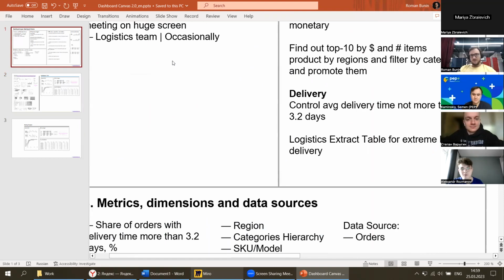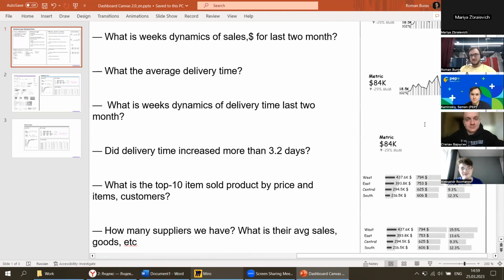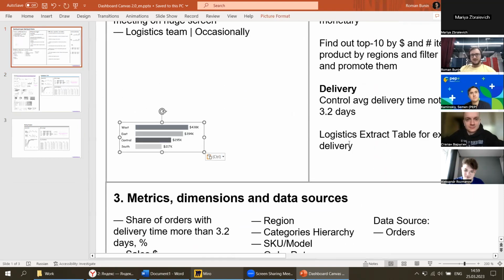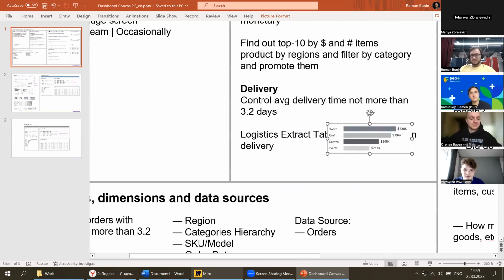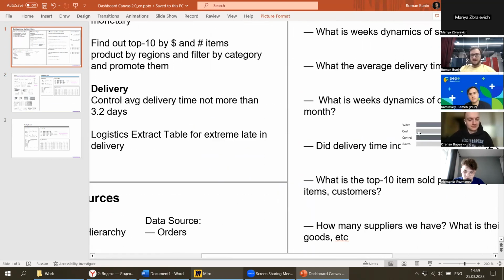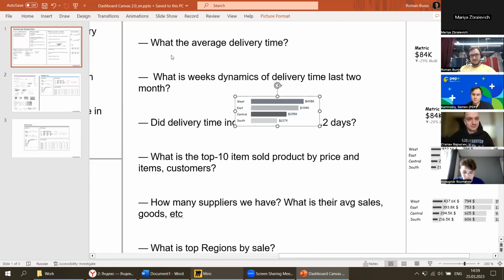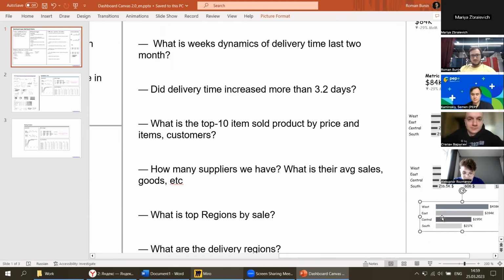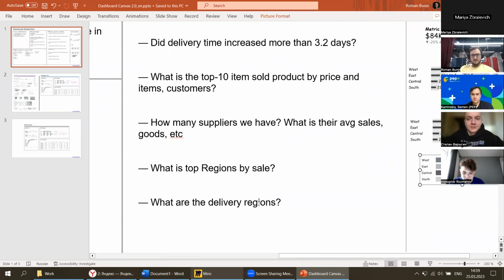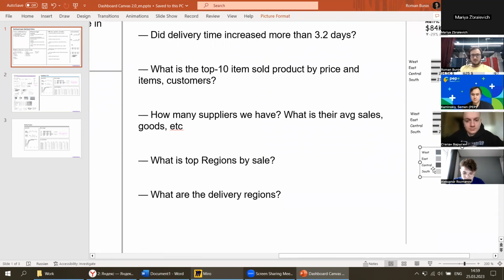Sometimes it's boring to do business dashboards just because they are mostly bar charts, but it's okay. You shouldn't be embarrassed or something like that about it, and it's okay to use a lot of bar charts. Okay, what are the delivery regions?